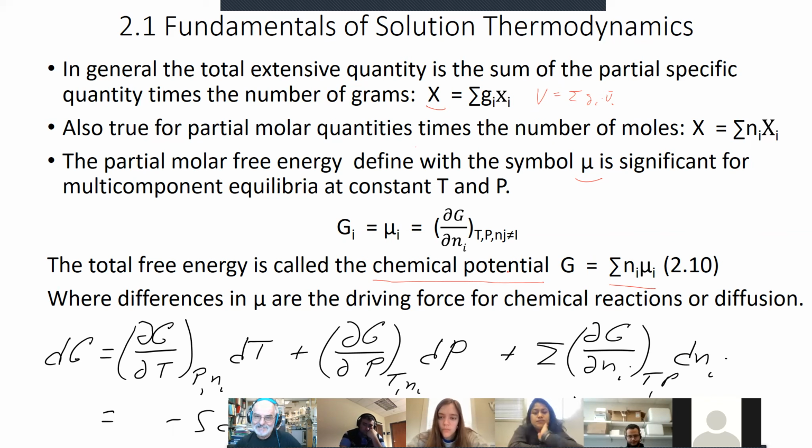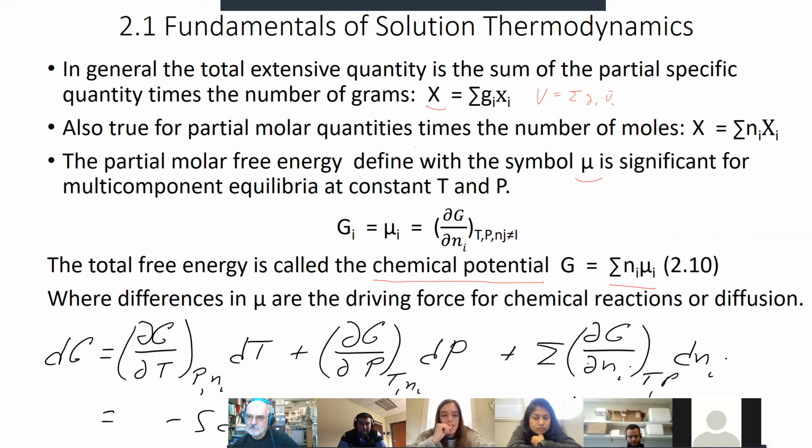Now, going back to the idea of a total differential, when we write down a total differential for G, I showed up above it was the partial of G with respect to T dT, partial of G with respect to P dP. Now we're talking about components. That wasn't in the Maxwell's relations slide up above.